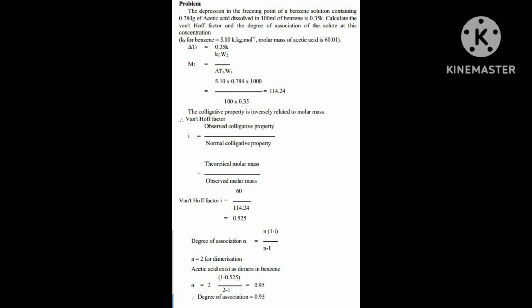Here two products are there: concentration of acetate ion times concentration of hydrogen ion, divided by concentration of acetic acid. So the numerator is nx into nx, divided by n into (1 minus x). That is equal to Ka.